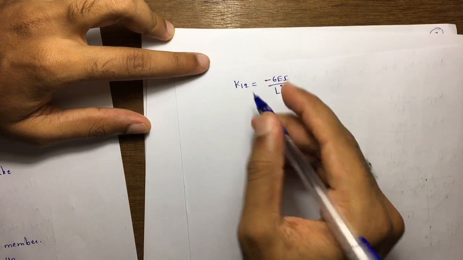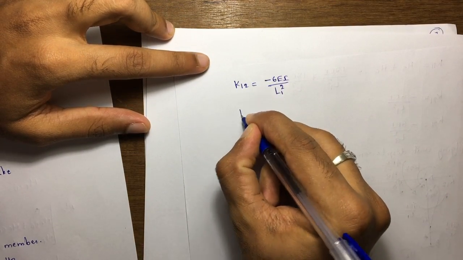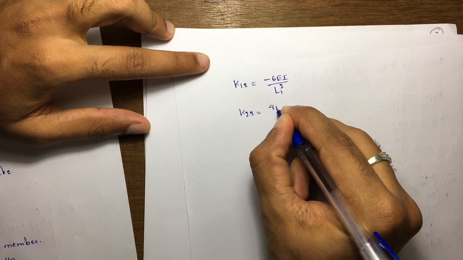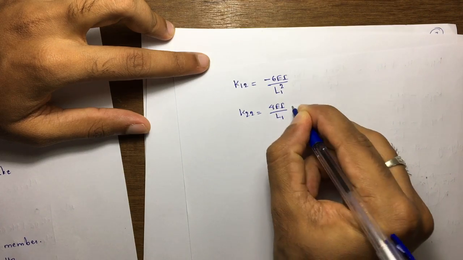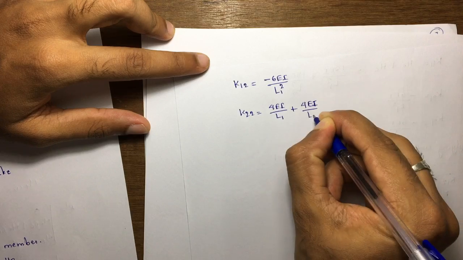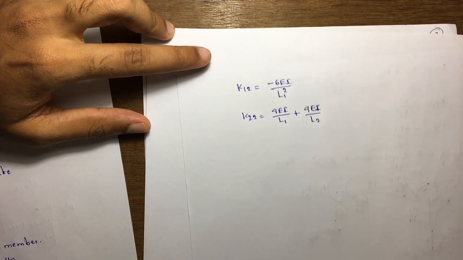I'll write it like this: k22 is equal to 4EI divided by L1 plus 4EI divided by L2.